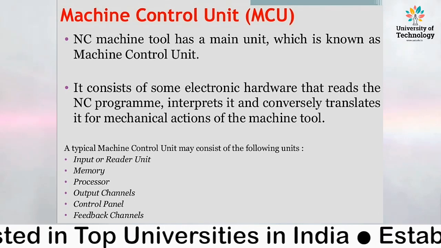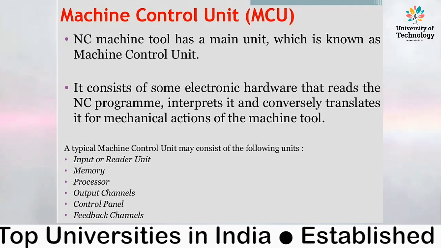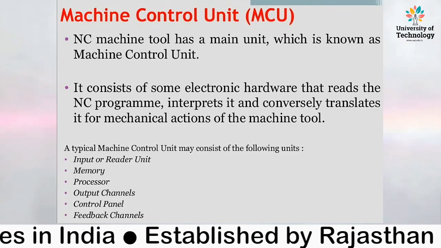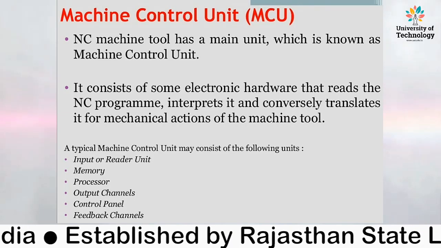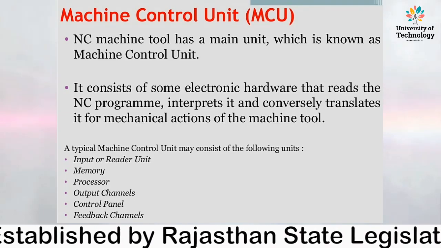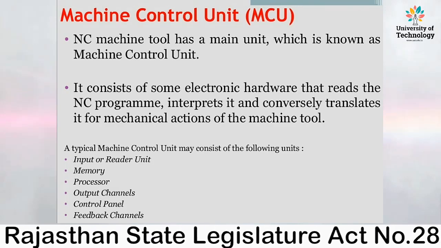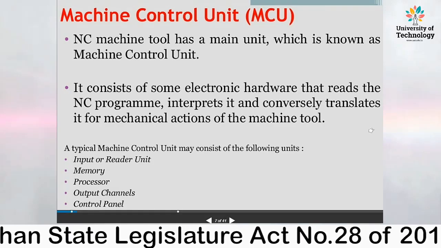A typical machine control unit may consist of the following units: input or reader unit, memory unit, processor, output channels, control panels, and feedback channels. All these are in an MCU.